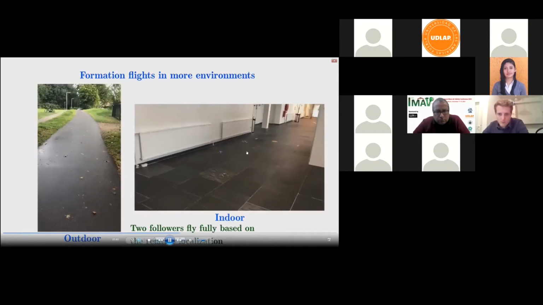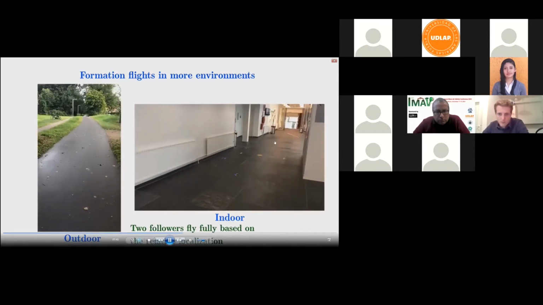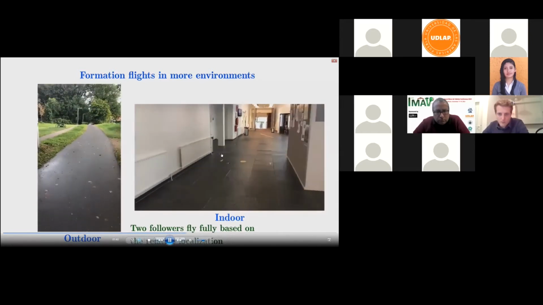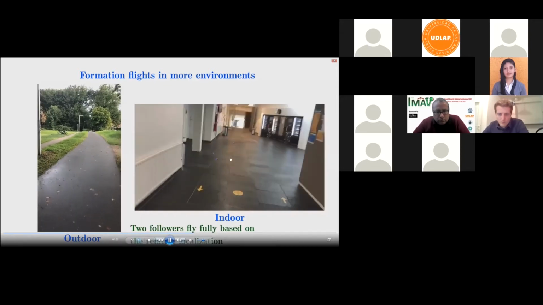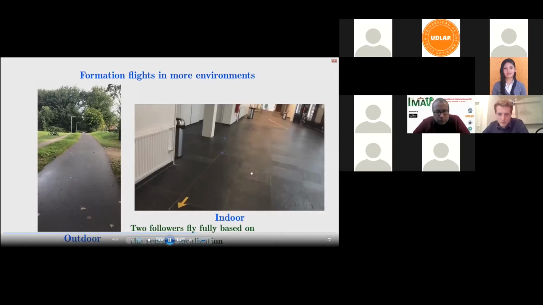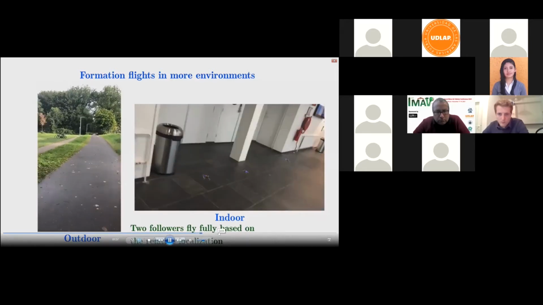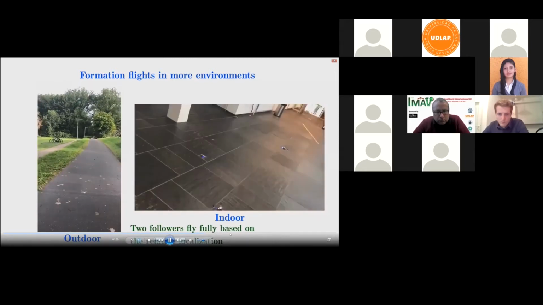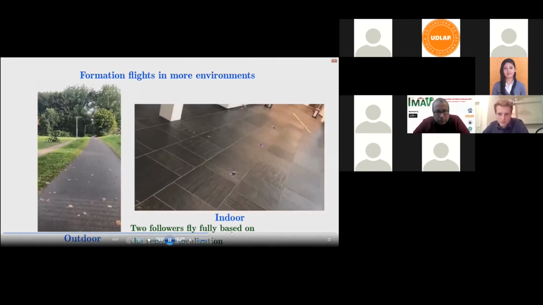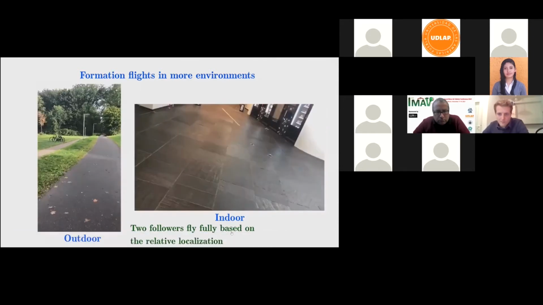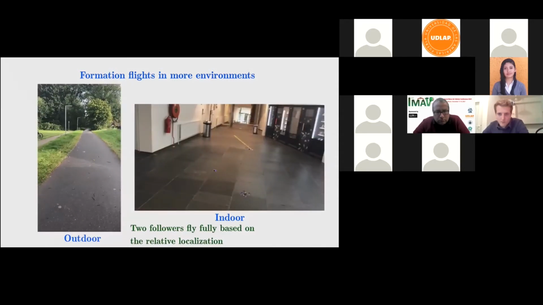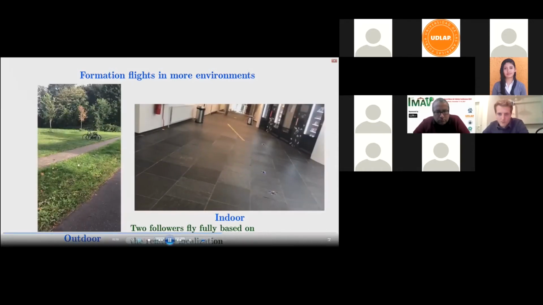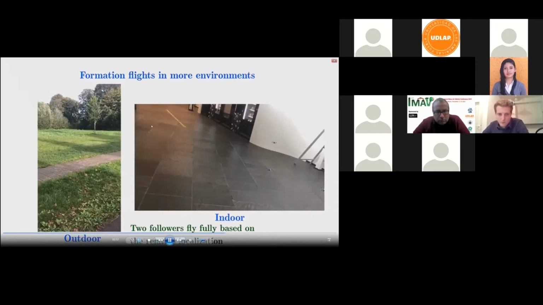So we fly the leader manually through the hall, and the two followers can follow it with very accurate positions. And this is the indoor test, and this is the outdoor flights.